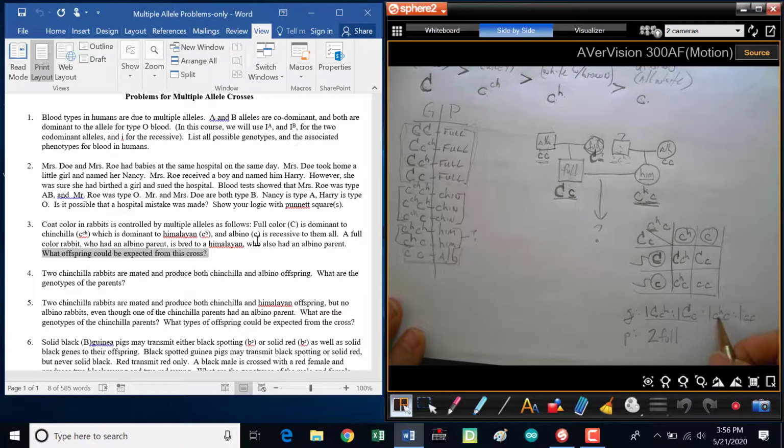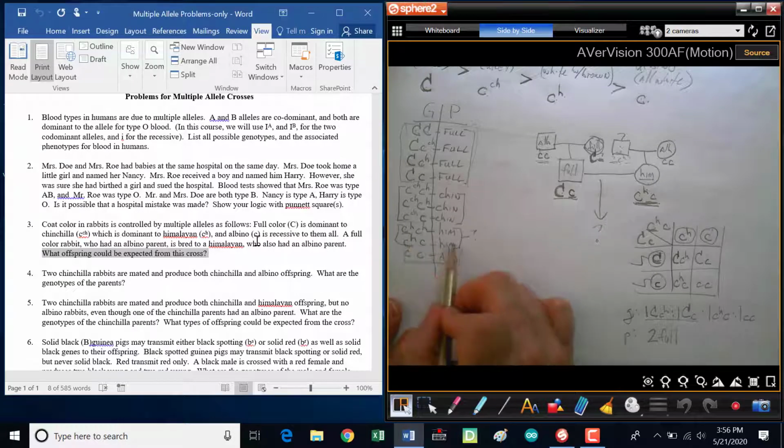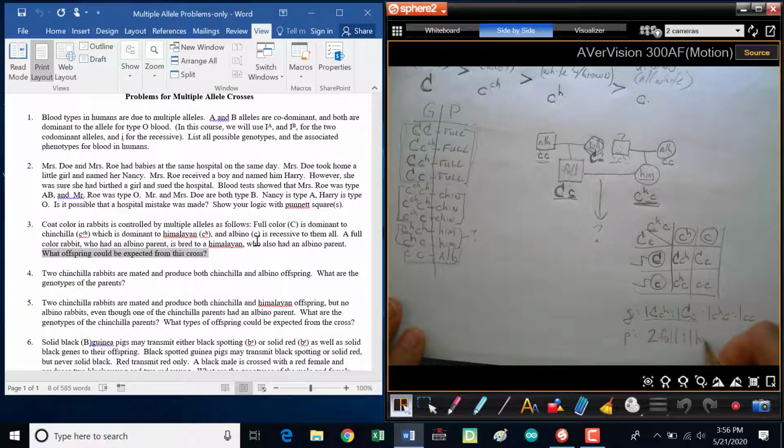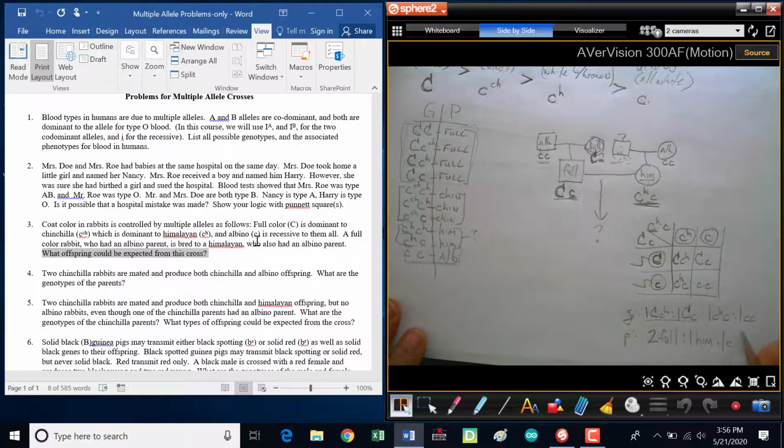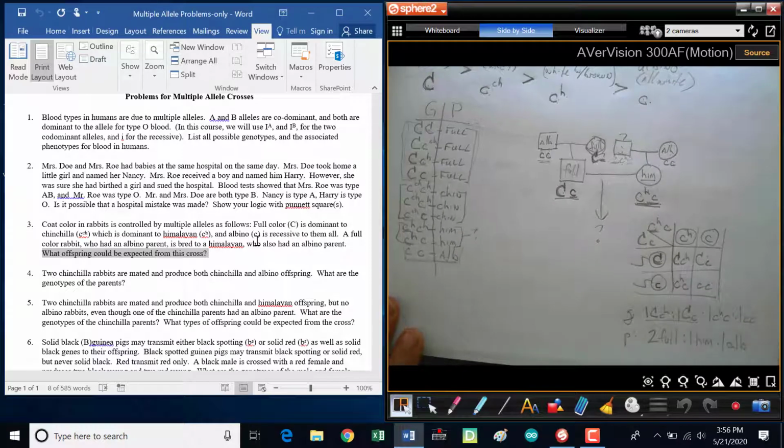This one, if we look it up over here, we see is Himalayan in appearance. So we have one that is Himalayan, and we have one that's albino. So our genotypic ratio is 1-to-1-to-1-to-1. Our phenotypic ratio is 1-to-2-to-1, where the 2 are actually full color.